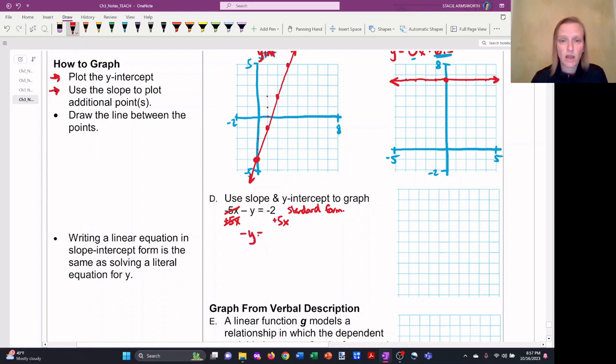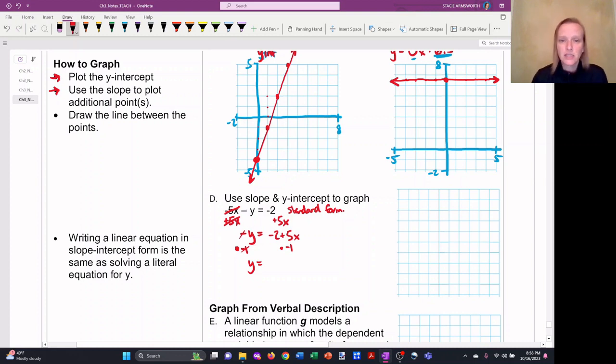So I'm left with -y equals -2 plus 5x. But if I have -y, that isn't having y all by itself yet, so I need to get rid of the negative. I'm going to do that by multiplying both sides of the equation times -1. That cancels out the negative sign here, so I just have y left on the left side of the equation.